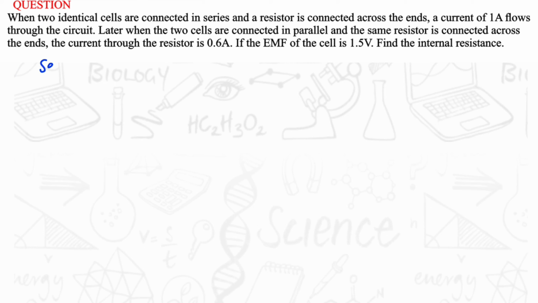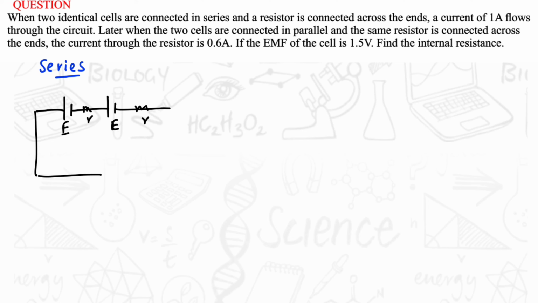In this case also, let's consider the series case first. So we have two cells, both of them are identical, and these are the internal resistance. We have the external resistor, let's say it is R, and the current flow is 1 ampere.